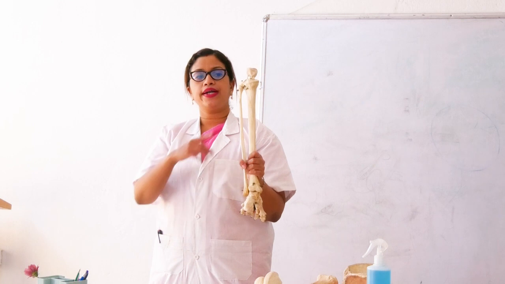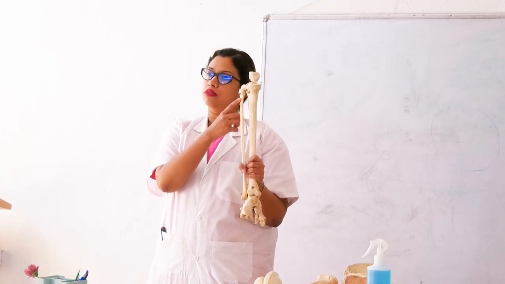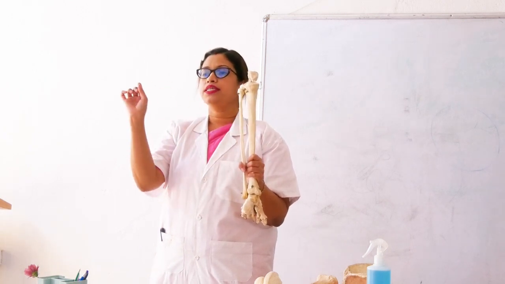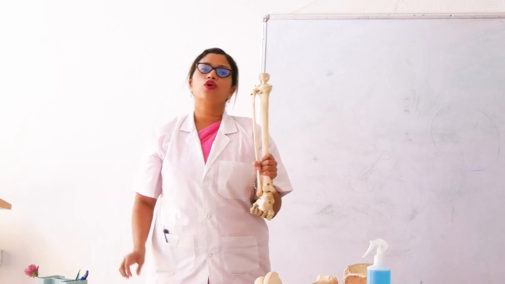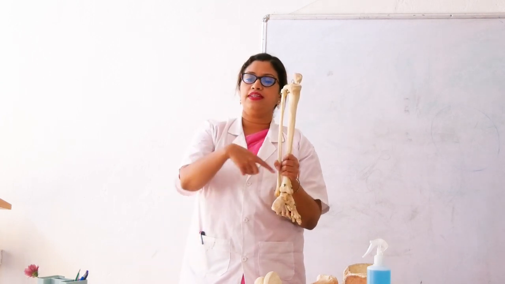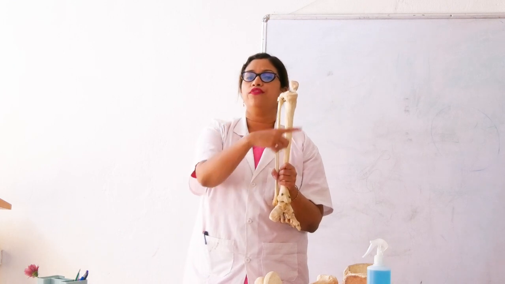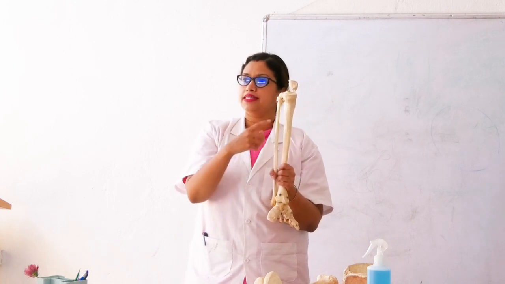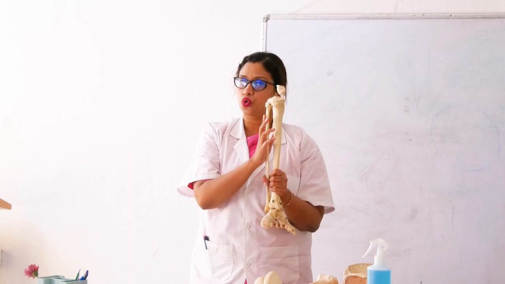At first it will take origin from the fibula. Write it down. Why is it called soleus? It is looking like a sole or the foot, on the plantar side. So that's why it is called soleus.